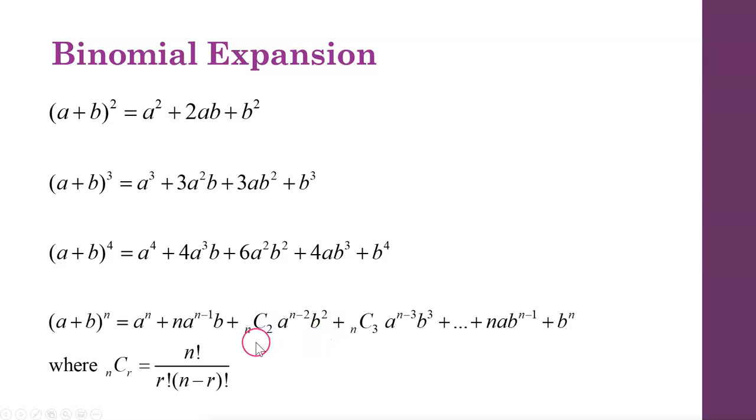And then there will be some coefficient, nC2 or n choose 2, which is defined to be n factorial over r factorial times n minus r factorial. So in our case up here, for example, we'd have 4 factorial on the top because our exponent is 4. And the term on the bottom would have a 2 factorial and then 4 minus 2 factorial. That would give us 6.